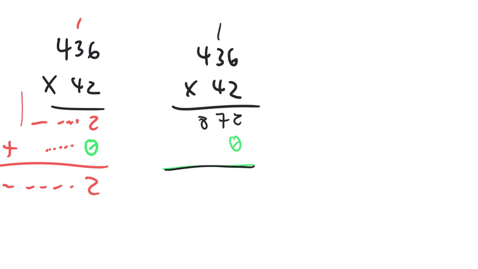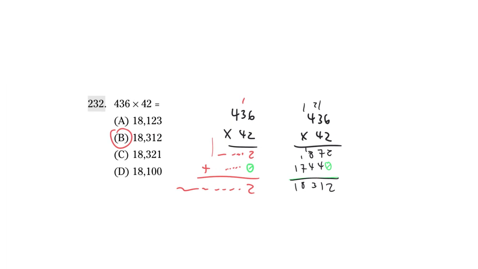Let's see, 6 times 4 is 24, carry the 2, 3 times 4 is 12, plus 2 is 14, carry the 1, 4 times 4 is 16, plus 1, and then we have a 7, so we have 2, 7 plus 4 is 11, carry the 1, 9 plus 4 is 13, carry the 1, 8, 1. So 1, 8, 3, 1, 2, and that is indeed answer choice B.